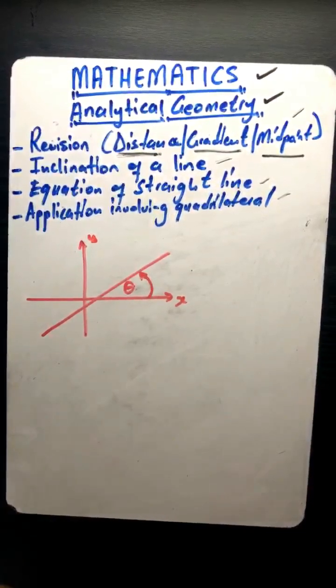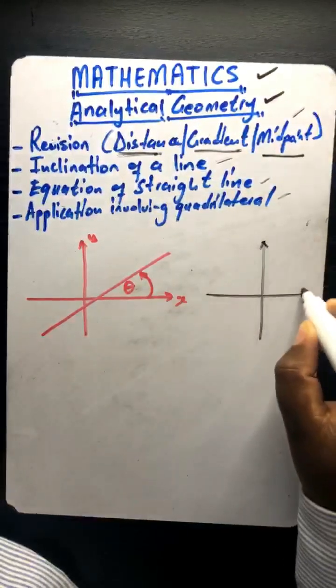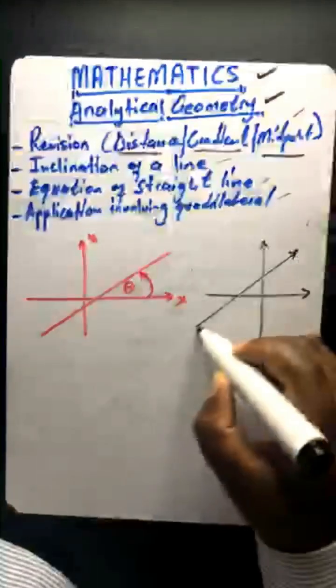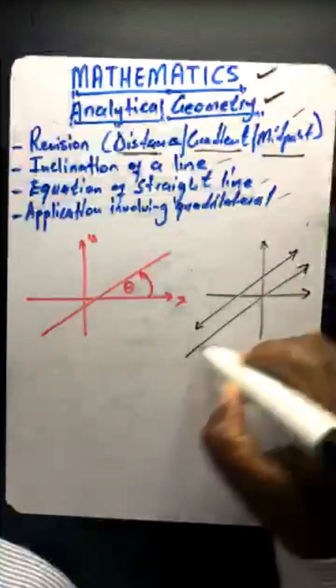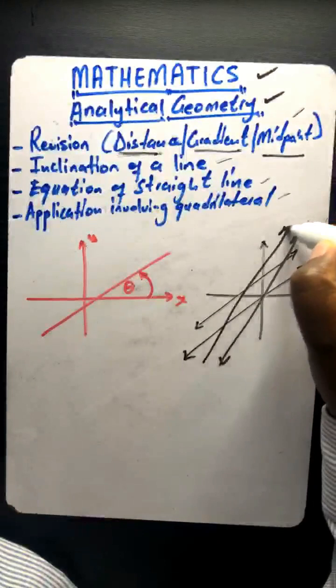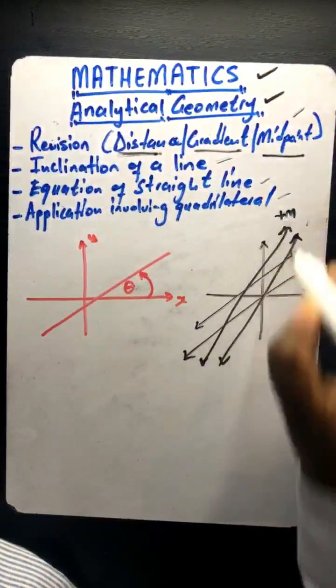Remember, guys, I did say on a Cartesian plane at all times, when you have a straight line ending in the first and third quadrant, it doesn't matter at what slope, those lines will always have a positive gradient.